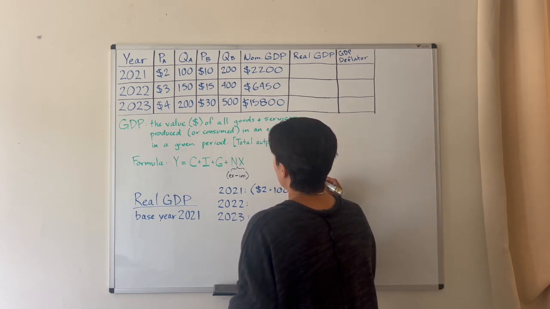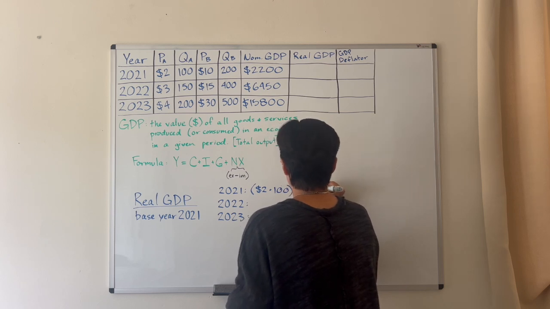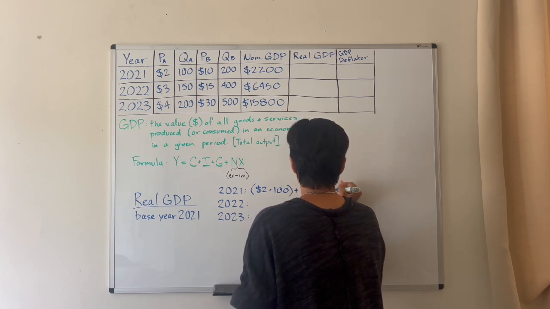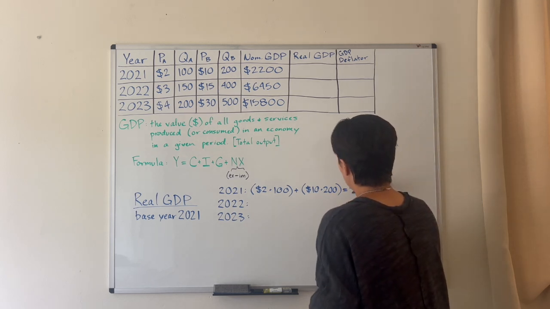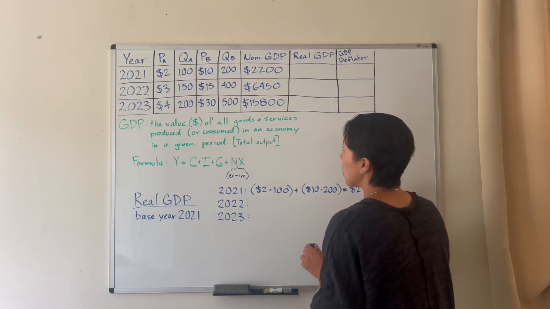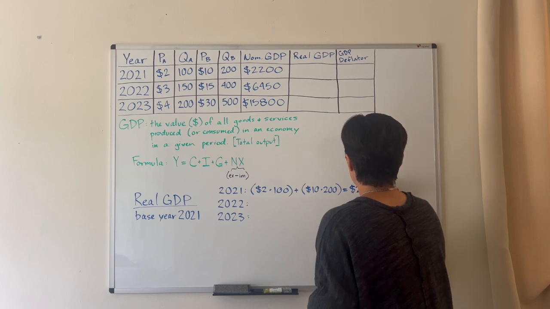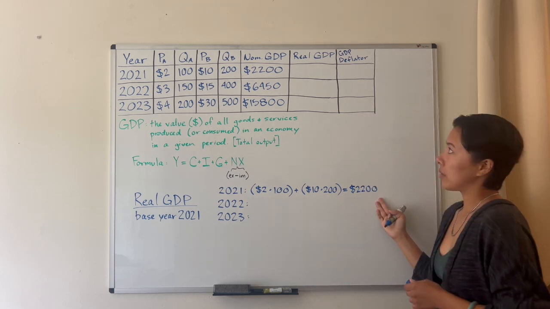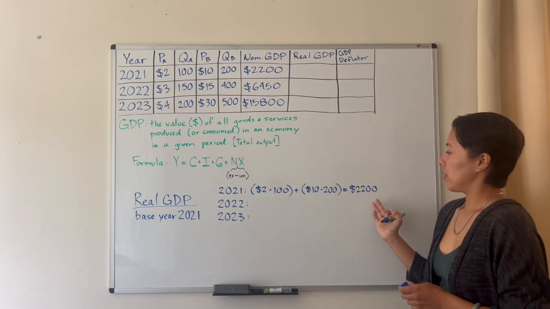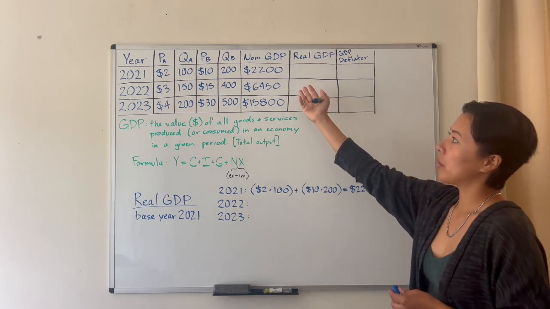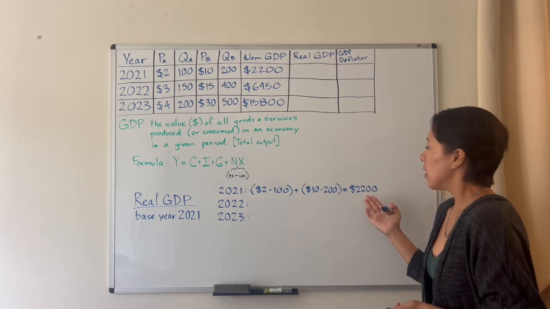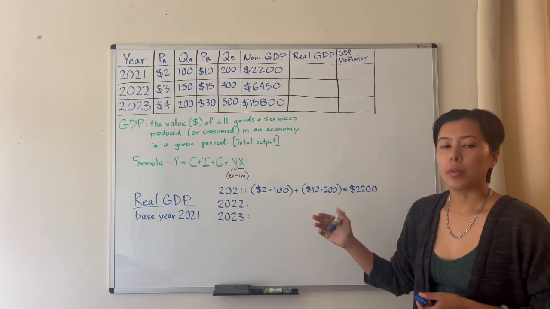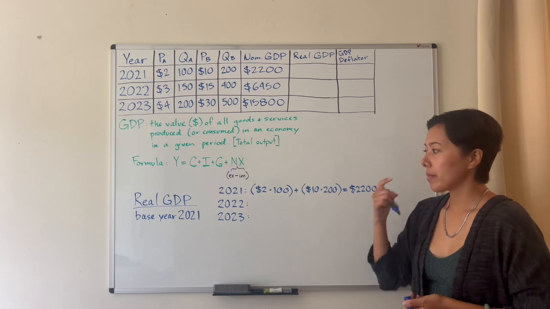And similarly for beef, we know that each unit of beef was worth $10, and 200 units of beef were produced. And so our real GDP in 2021 is $2,200. And you'll notice that this is actually the same as our nominal GDP, which confirms what was talked about in the lecture slides. In the base year, nominal GDP and real GDP should be equal.